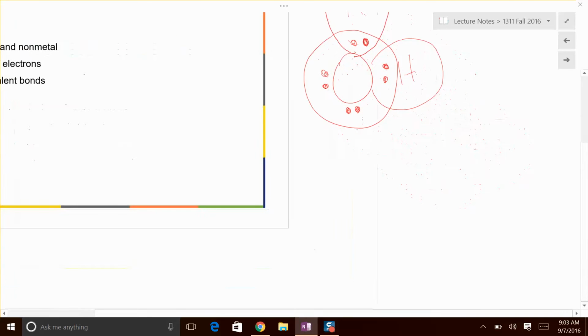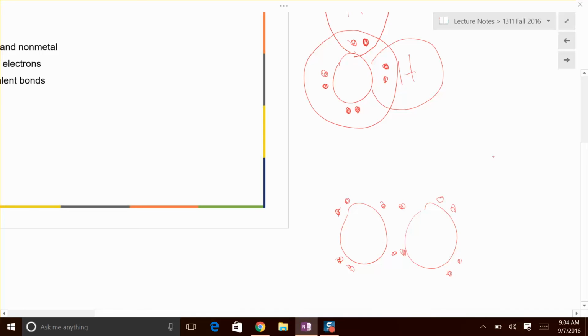How about oxygen, let me draw it like this, in the presence of another oxygen? They share those two empty spaces with each other.